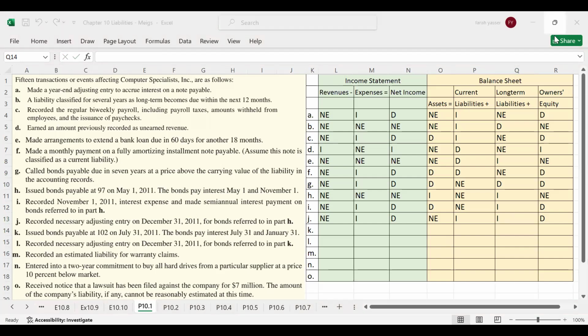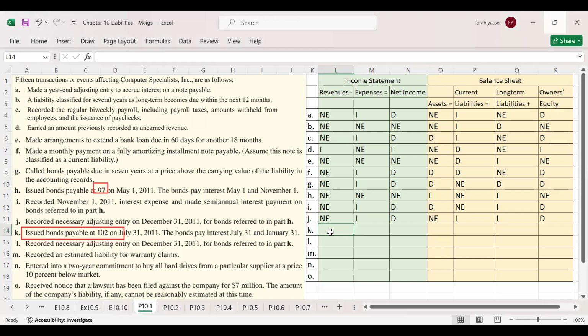Next transaction is related to issuing a bond at 102. In transaction H, we issued a bond at a discount, while in this transaction, we issued a bond at a premium. So at this stage, this is just an issuance of bonds.